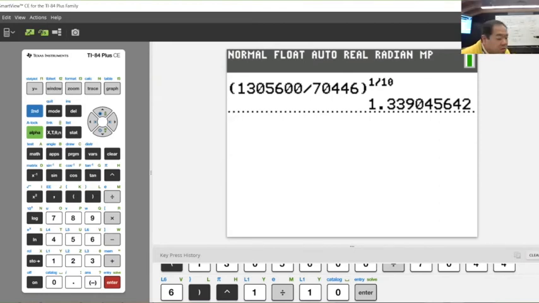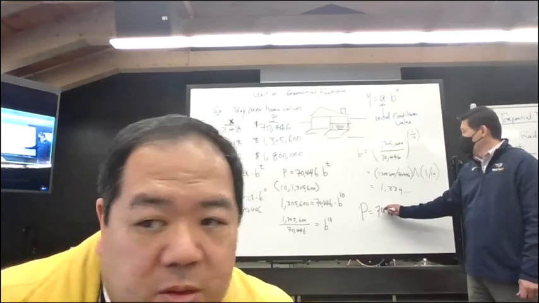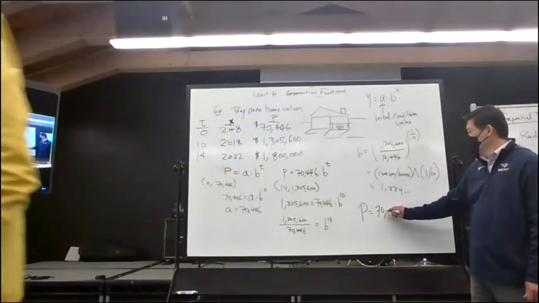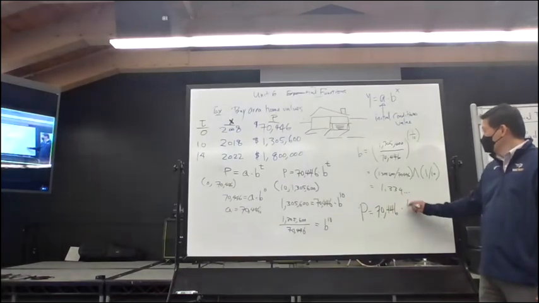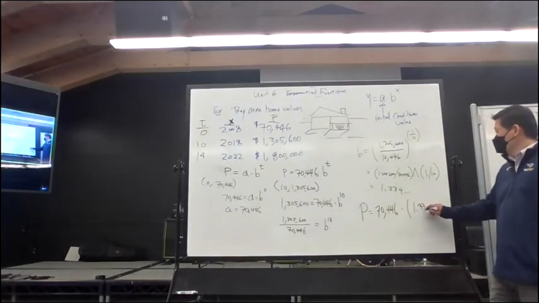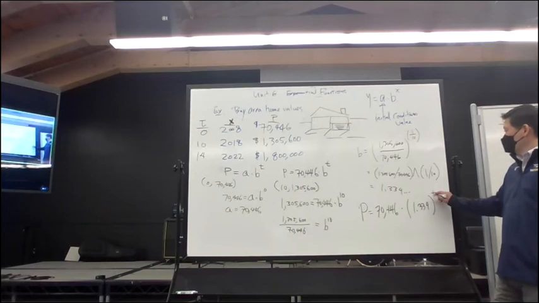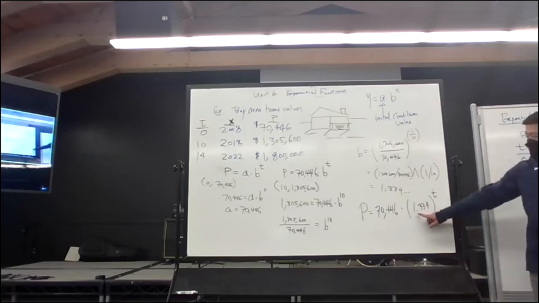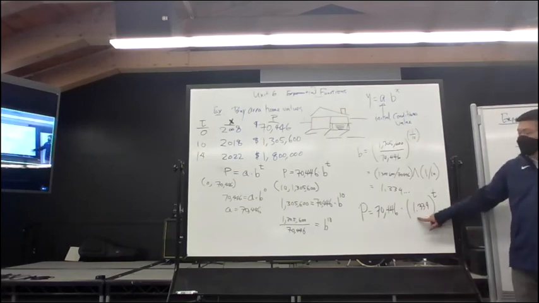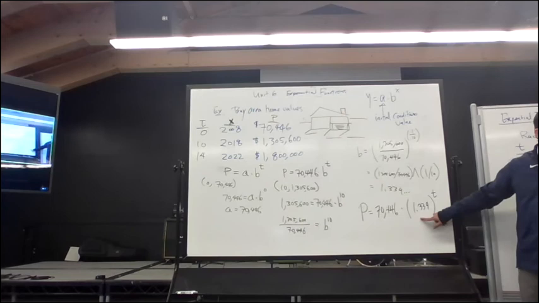So your final conclusion is P is equal to 7446 times 1.339 to the T. Now here is a very interesting idea. When you look at the B value, you subtract 1.